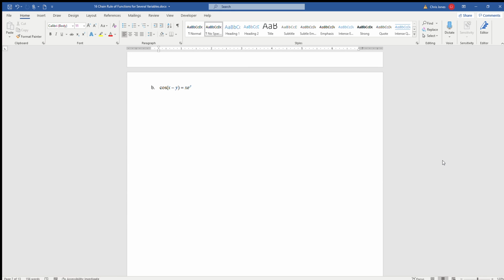So we have cos(x minus y) equals x e to the y. Let's start by defining our function f to be cos(x minus y) minus x e to the y, just by setting those equal to 0. And then from there, we can go ahead and find f_x.